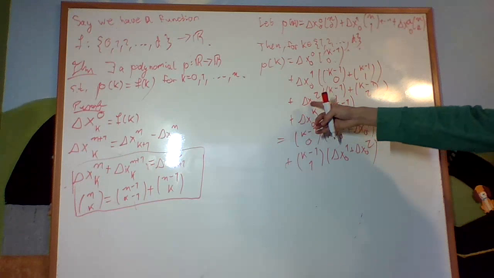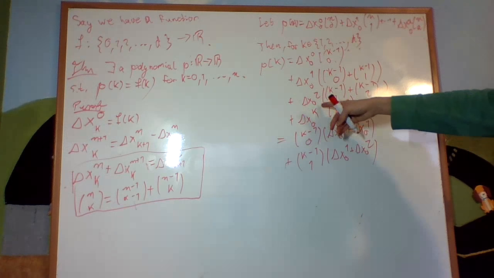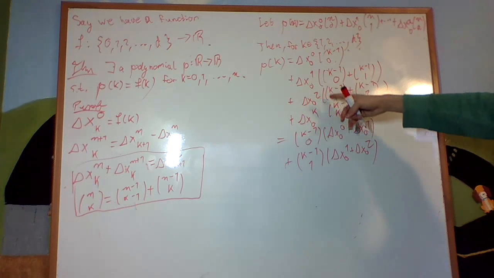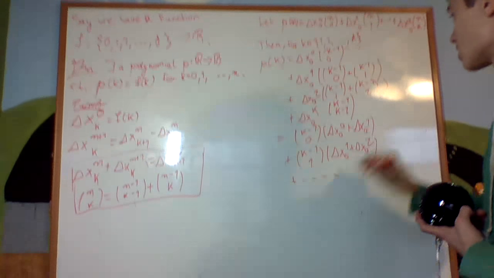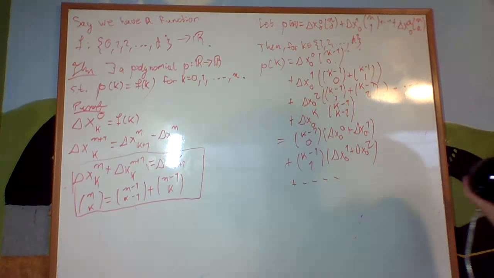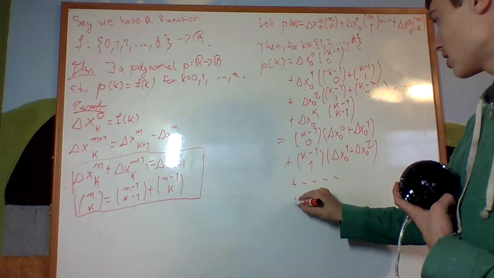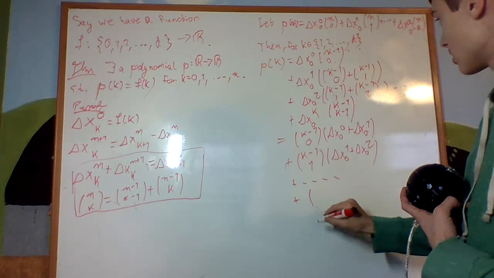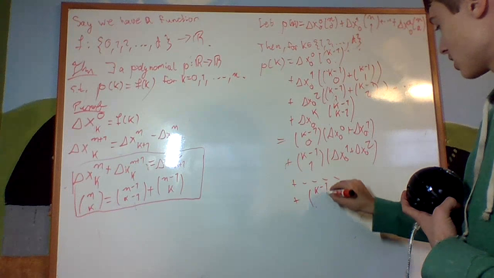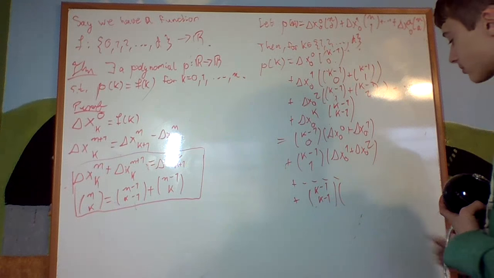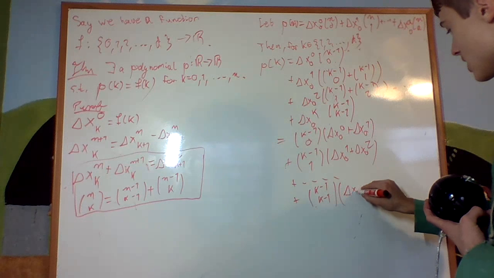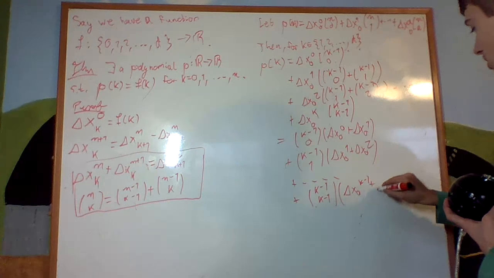And so that factor of delta x 0,2 goes there, and we combine them right here, plus, and then at the end of it, we get k minus 1 choose k minus 1, times delta x 0 k minus 1 plus delta x 0 k.